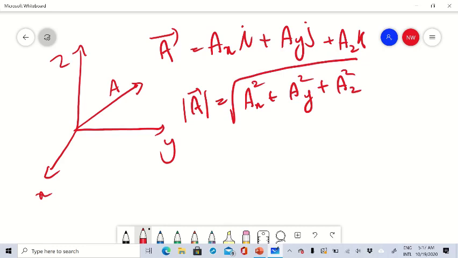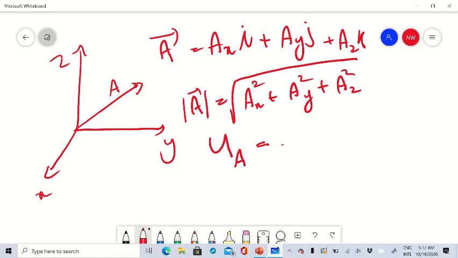So what is the unit vector in this direction, in the direction of vector a? We define unit vector as u. So the unit vector in the direction of a, from the definition we know unit vector is a vector which has a magnitude of 1, right?